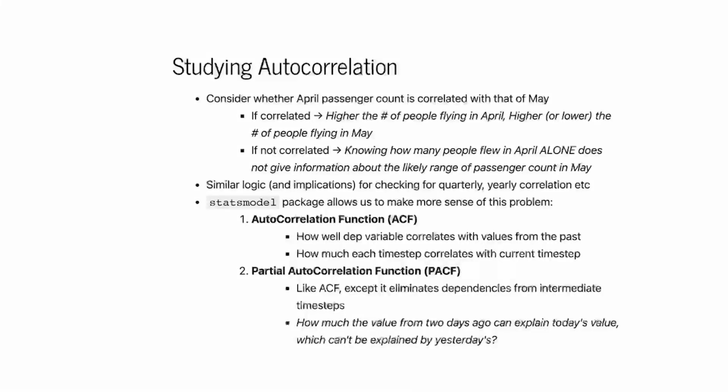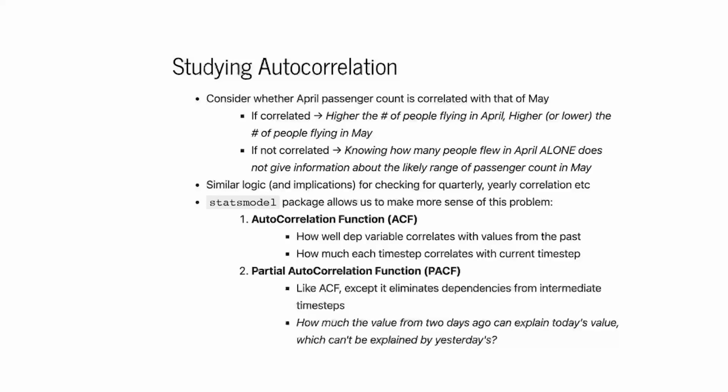So, how far back into the past should we look? It depends on the problem. For instance, in this slide, we outline an analysis that we do for investigating whether there is a monthly correlation. We can do so on a quarterly basis, yearly basis, half yearly basis, daily basis, weekly basis, etc. Needless to say, it's quite inconvenient to try to do this analysis for every possible cadence that we could think of.